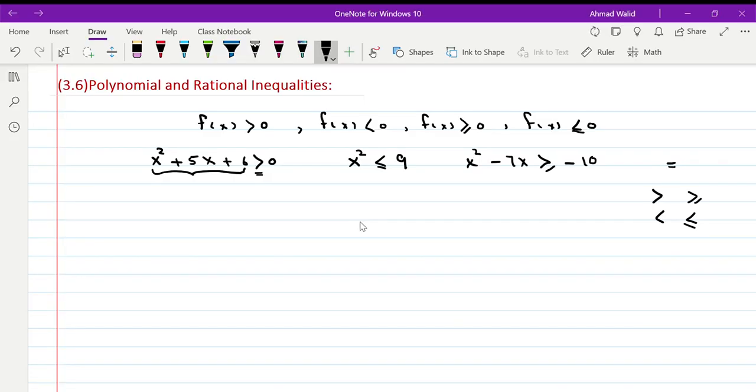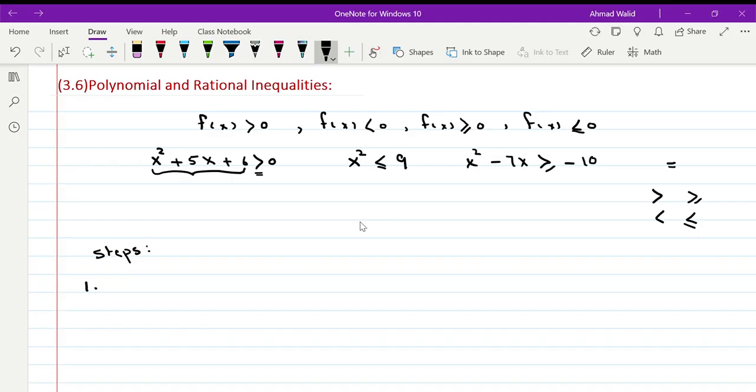Now, how to solve a polynomial or rational inequality? I'll give you some steps. In your book, they're calling it the procedure for solving polynomial inequalities. I call it simply steps: how to start, how to solve a polynomial inequality.